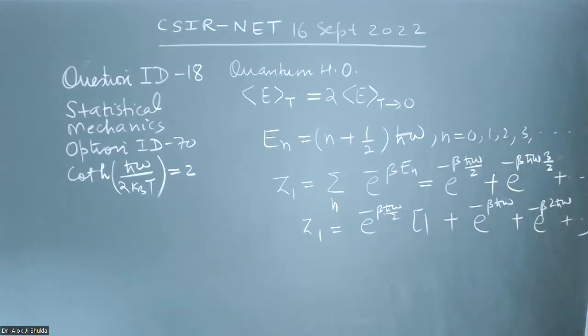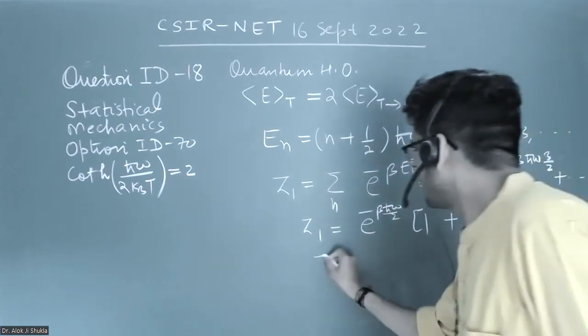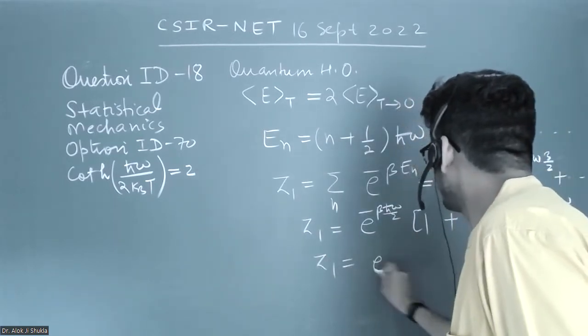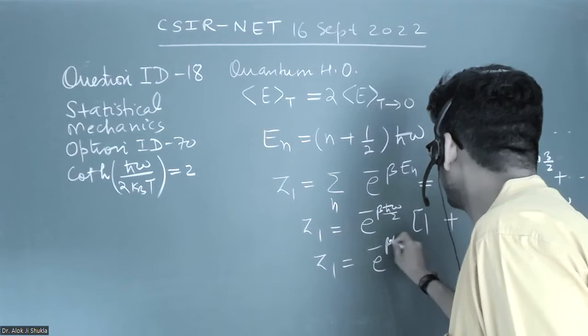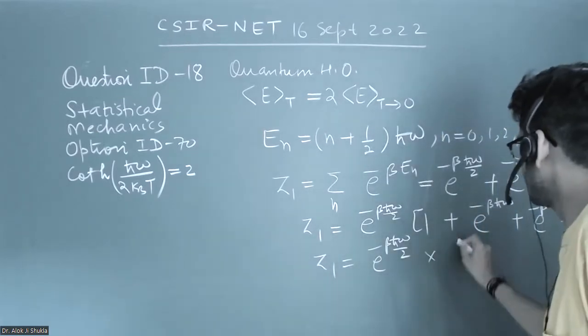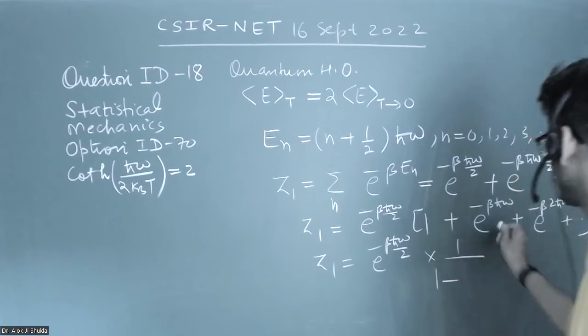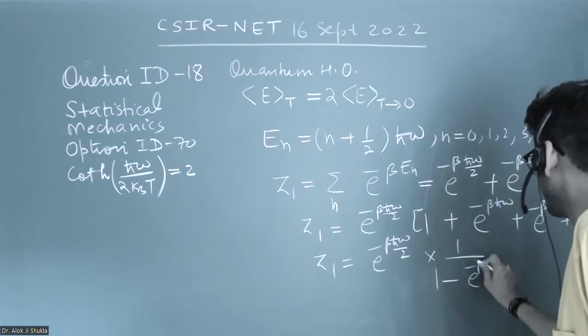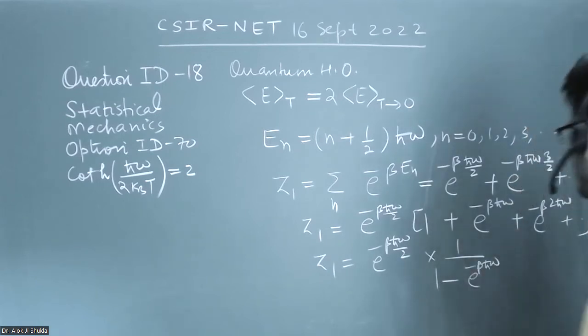So this obviously is a GP. It will be equal to e to the power minus beta h cut omega by 2, which is the first term, upon 1 minus the common ratio, which is e to the power minus beta h cut omega.